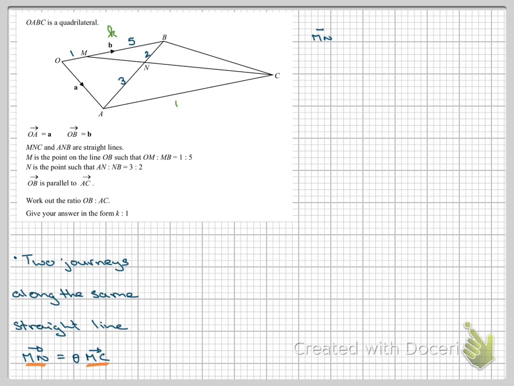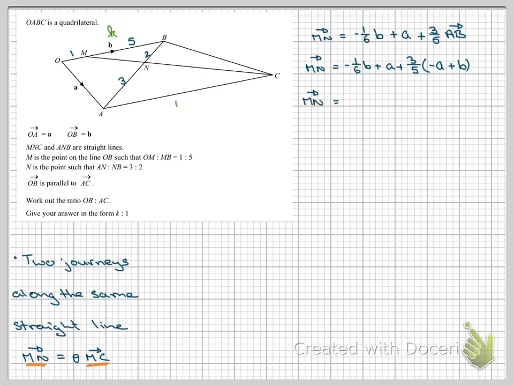M going to N. That's going to be minus 1/6 of B plus my A, plus then 3/5 of A going to B. So M to N will be minus 1/6 of B plus the A, and then 3/5 of AB, which will be minus A plus B. I can just tidy this up now.